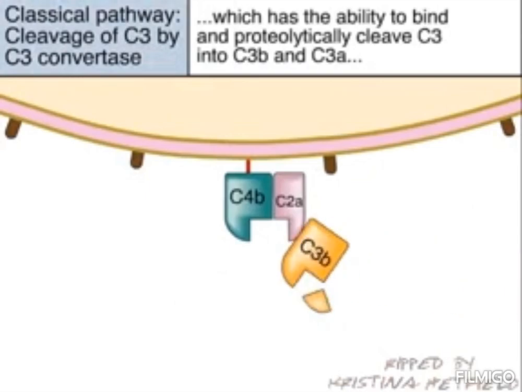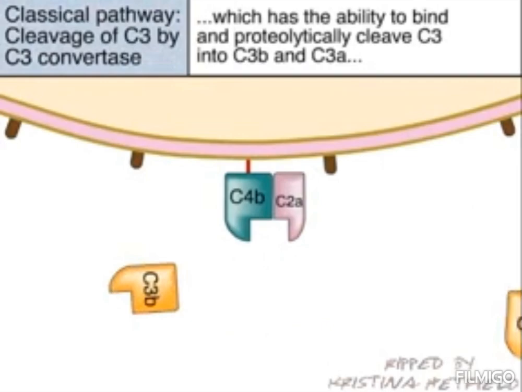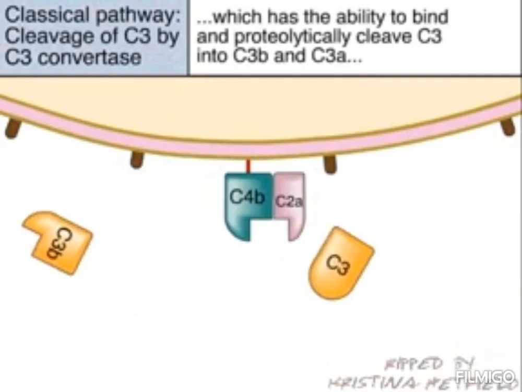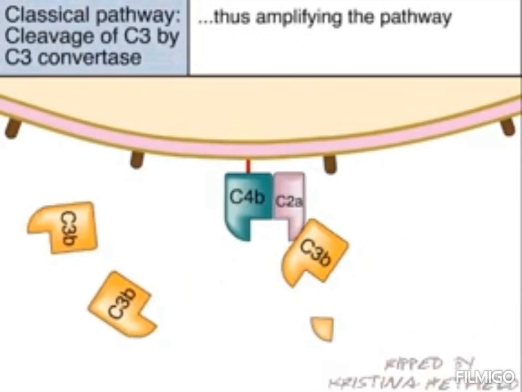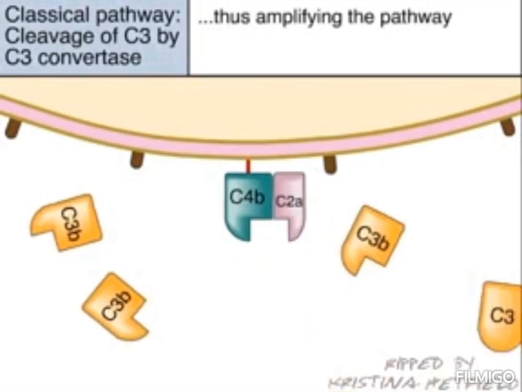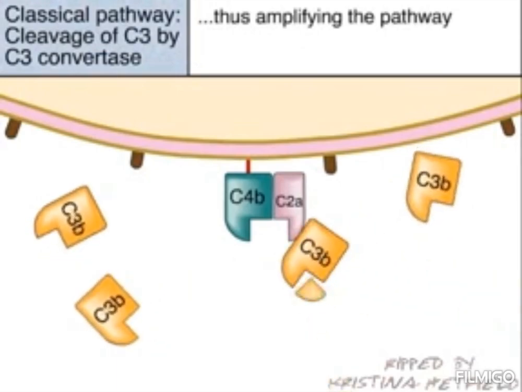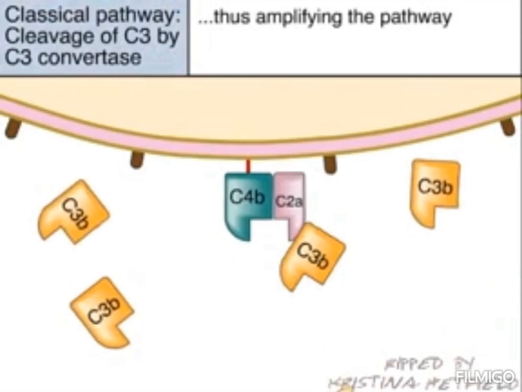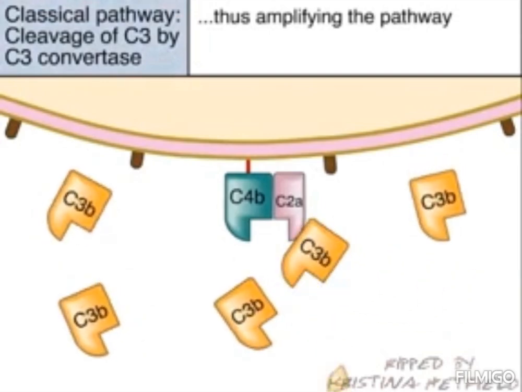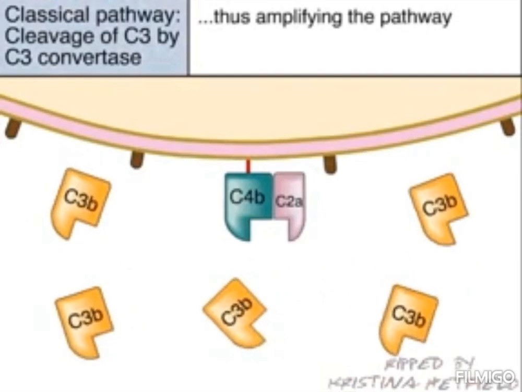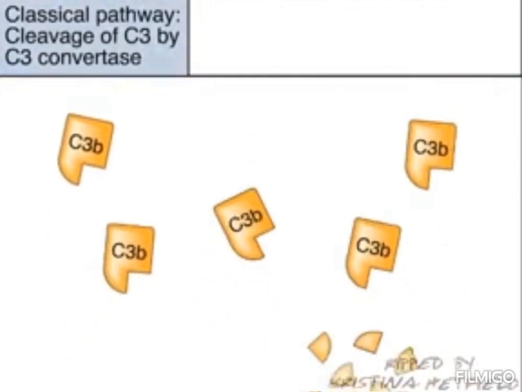C3 gets activated by binding directly to the pathogen itself. Once it binds to the pathogen, it's going to interact with other proteins like factors P, B, and D. That interaction causes C3 to split in two, which is C3a, the smaller fragment, and C3b, the larger fragment. And from there, the rest of the pathway continues.